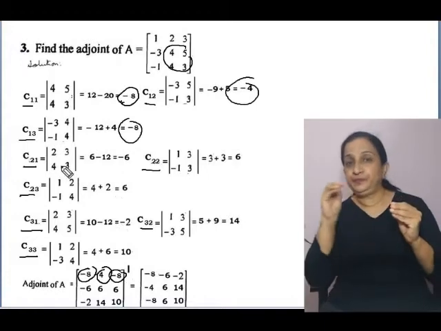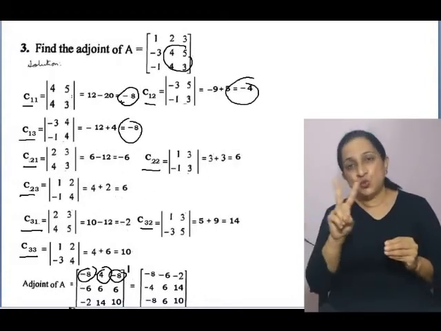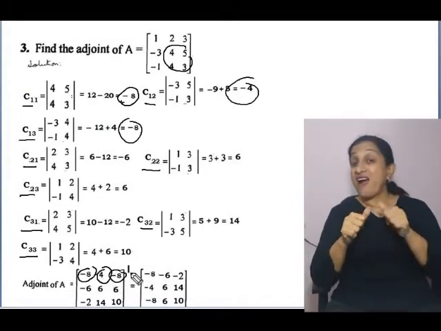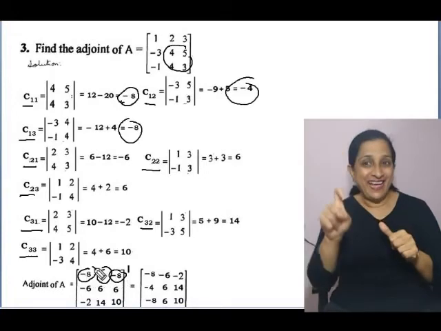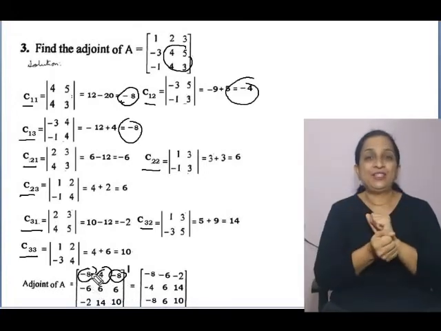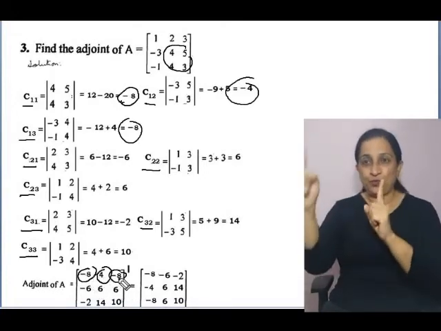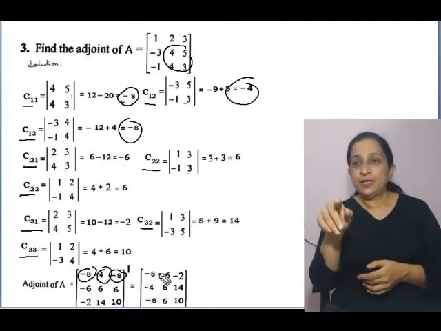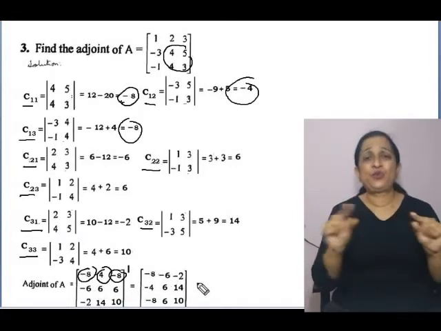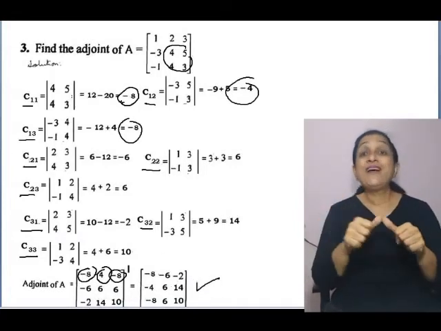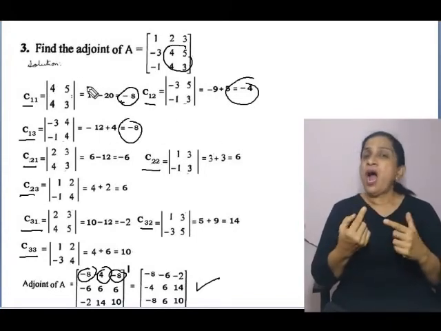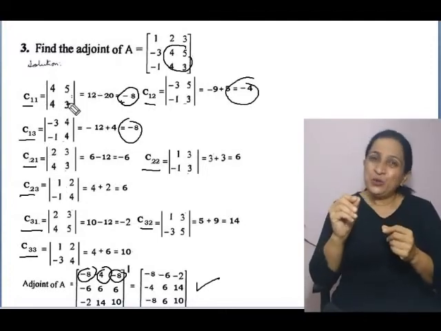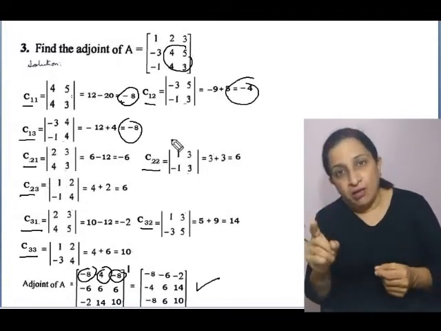Like that you reproduce these values sequentially and properly, and then the dash, because you have been asked for the dash, that is the row becomes the column, okay. So minus 8, minus 4, minus 8, then this becomes this and this becomes this, that is the adjoint. If you understand how to calculate C11, C12, C13, etc., even if you don't do it properly, still you will get about 3 marks.